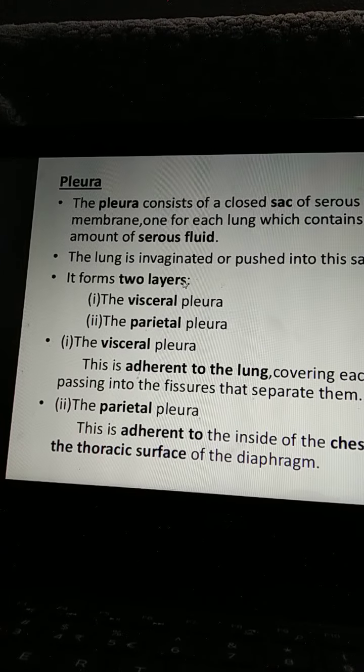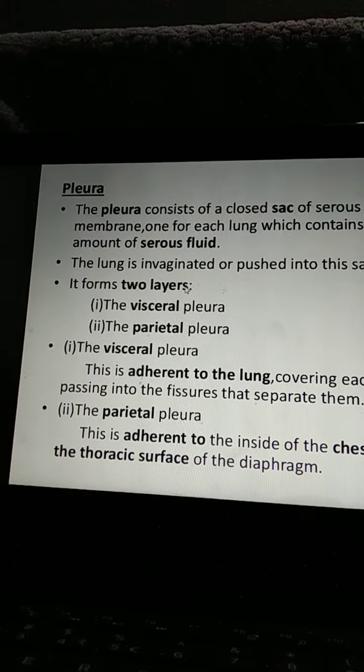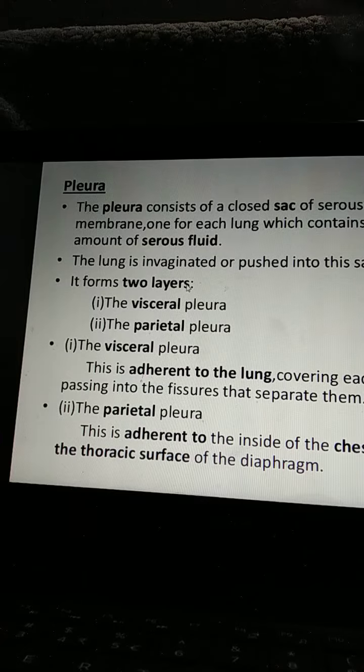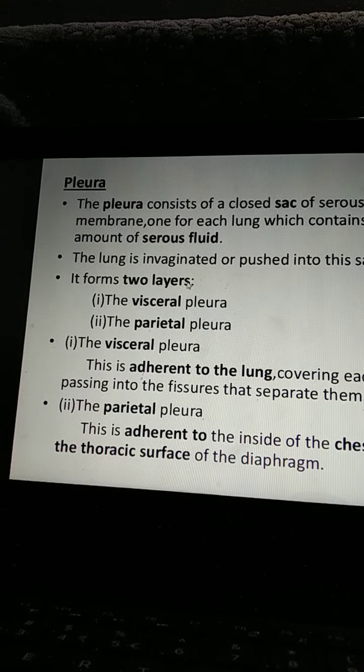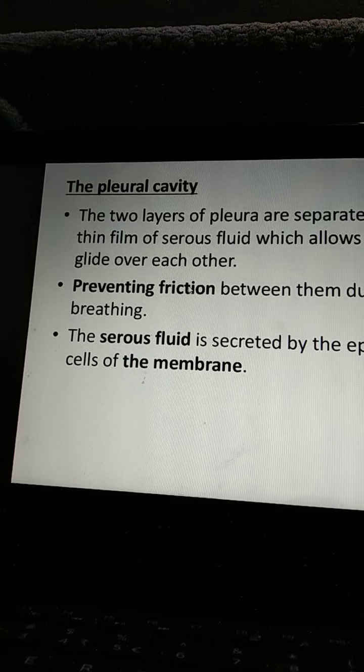Each lobe is surrounded with pleura, and between each lobe there are fissures, and in those fissures there is also pleura. I will explain.